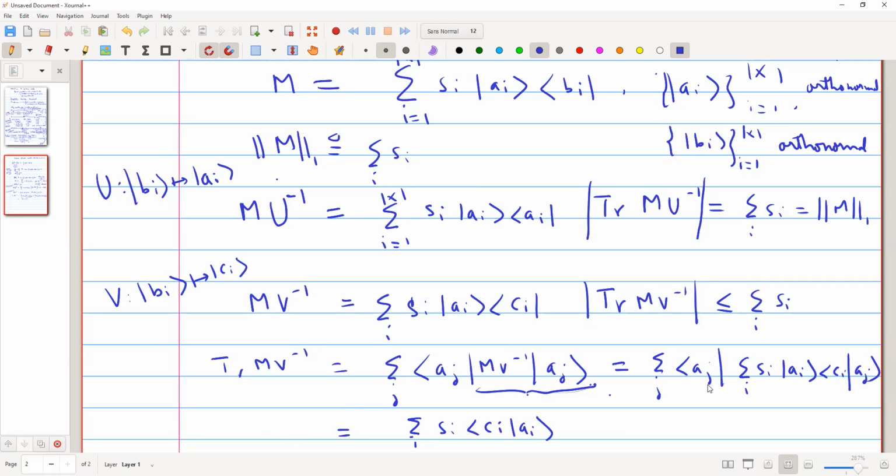So if I have AJ here and AI out here, remember they're orthogonal vectors. So this forces J equal to I. The other cross terms will be 0. So taking J equal to I.